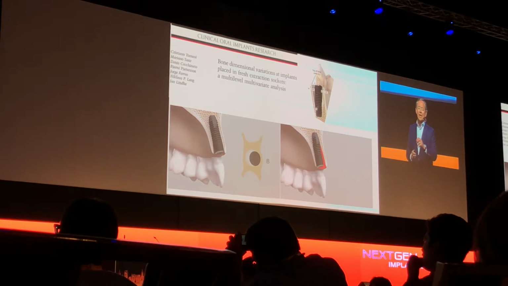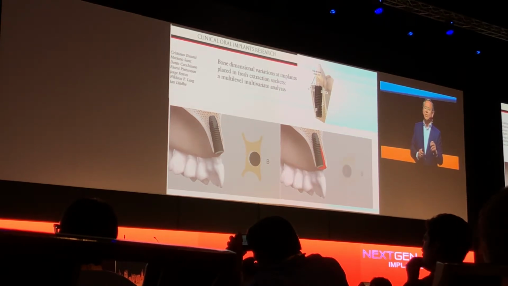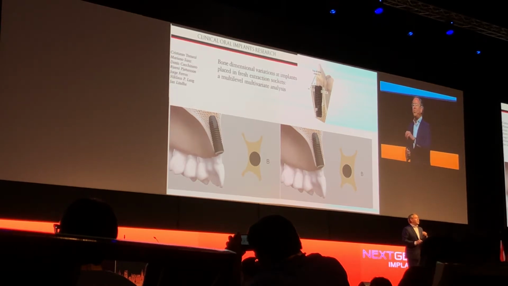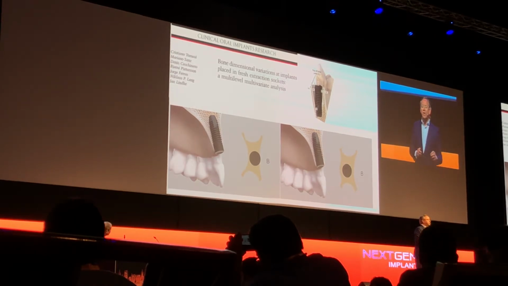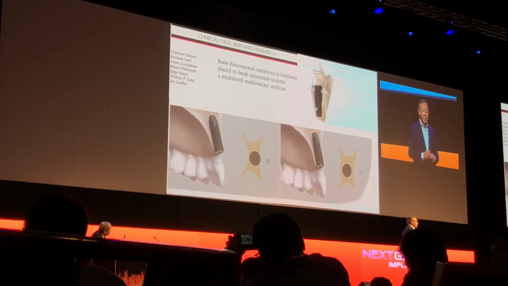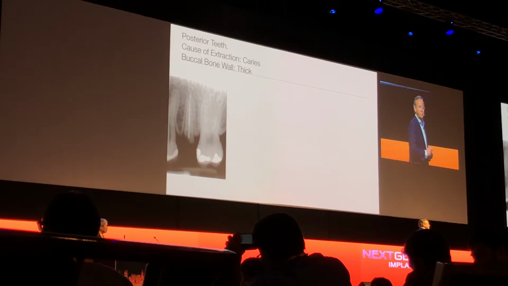So you can see, by understanding the factors, you may turn a protocol that works beautifully into a protocol that works not so beautifully, because you are going to have quite a lot of resorption.